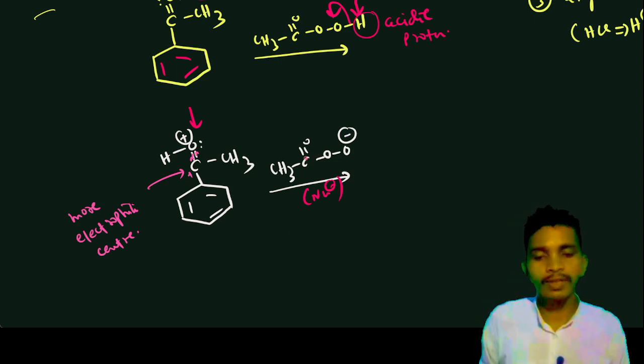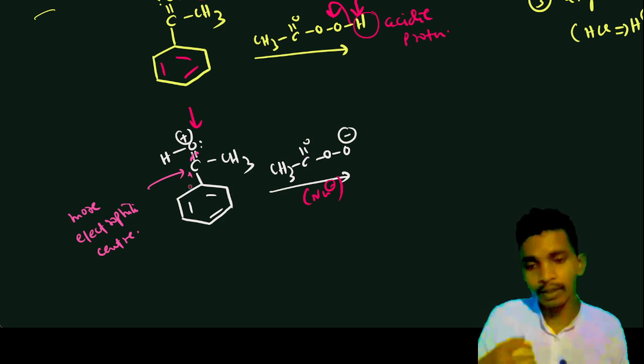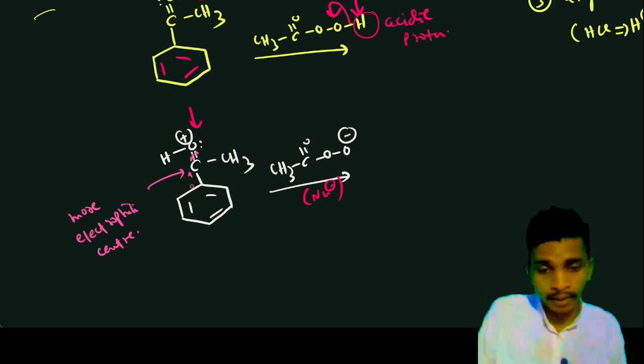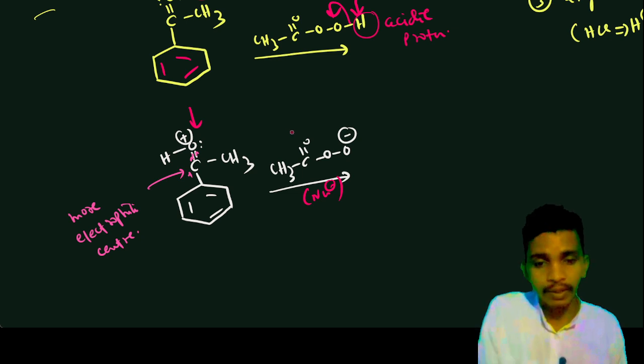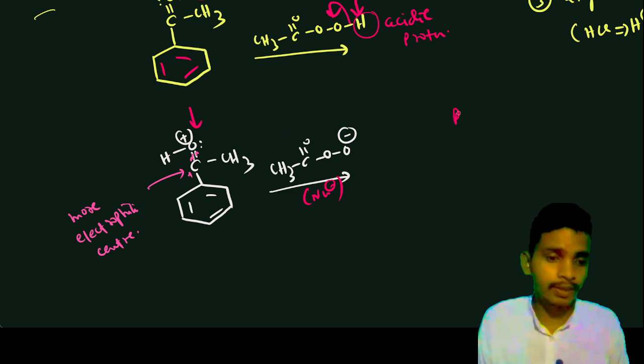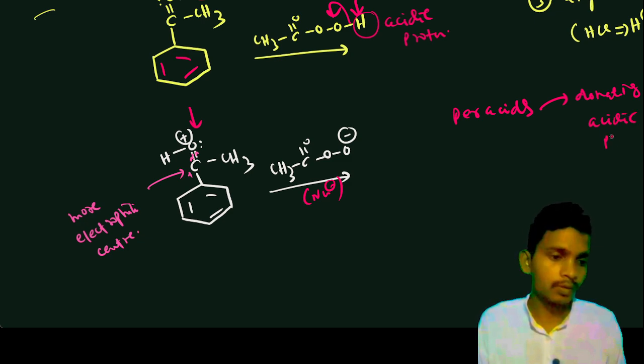So why have we taken this peroxide? It acts to give the acidic proton, and it also acts as a nucleophile. So the peroxide is doing two things. It is donating acidic protons to increase the electrophilic center of carbon.